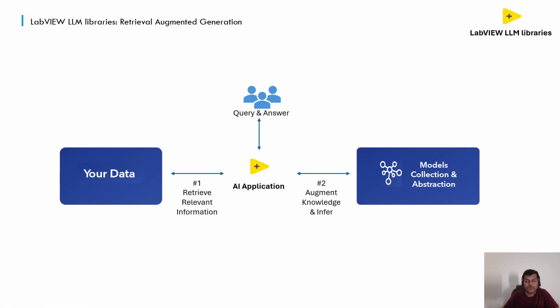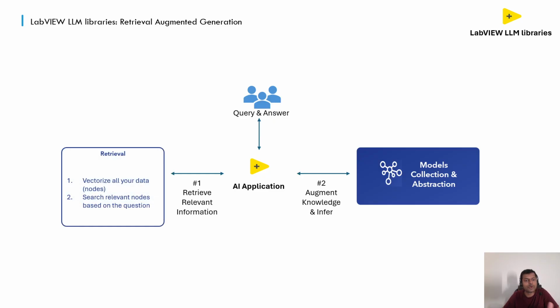In the last videos, we have actually seen the right side part. Once you have the context, you can provide it to the LLMs to get the response that you wanted. In this video, we are going to primarily look at the left side: how can I retrieve the relevant context from the large set of data that you might have? To do that, you have two steps.